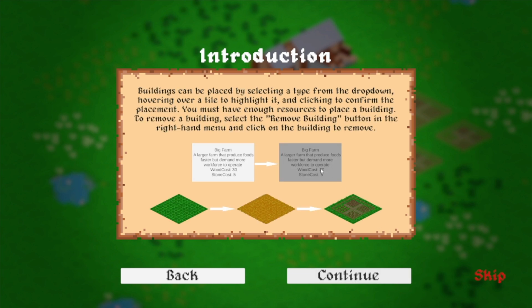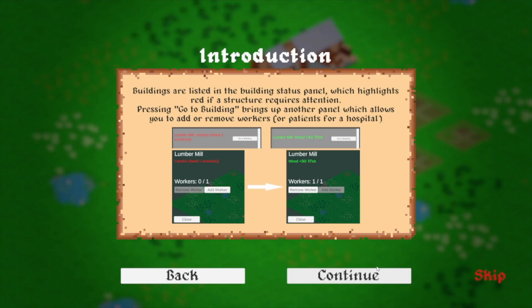Buildings can be placed by selecting a type from the drop down. You must have enough resources to place a building. Okay, and click the building to move. Alright. Buildings are listed in the... Right, I'm starting to get overwhelmed with information now. Buildings are listed in the building status panel. Okay.